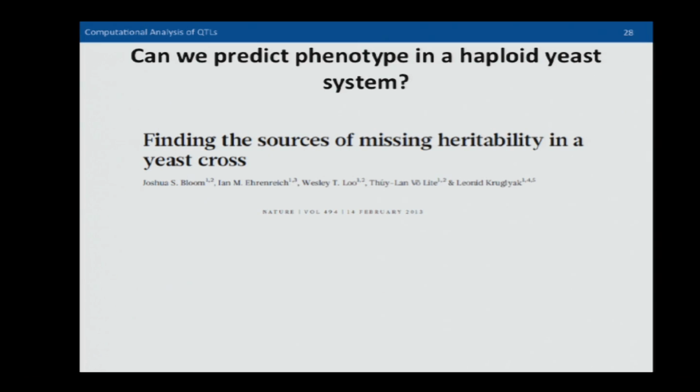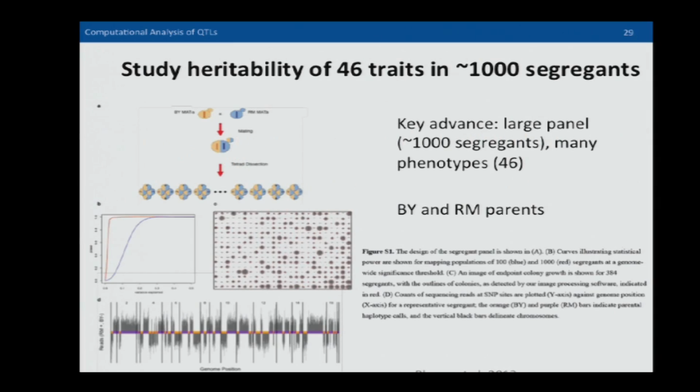And the setup for this study is quite simple. What they did was they took two different strains of yeast, RM and BY, and they crossed them and produced roughly 1,000 F1s.